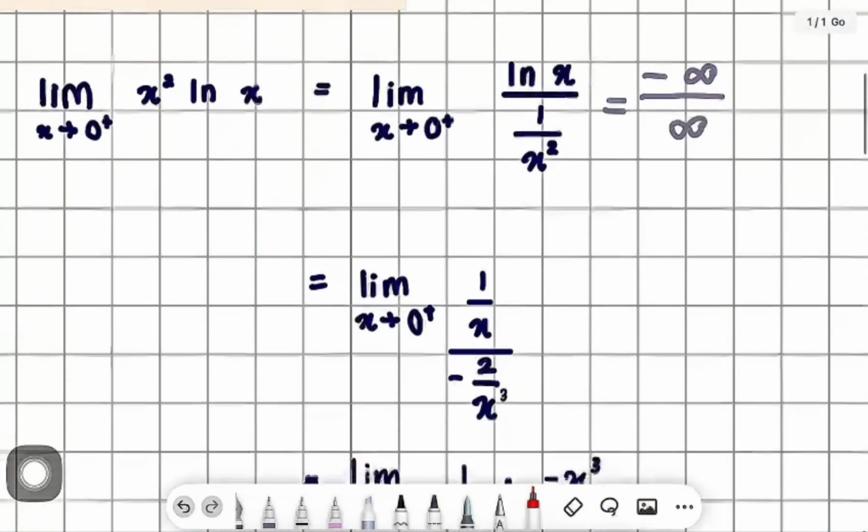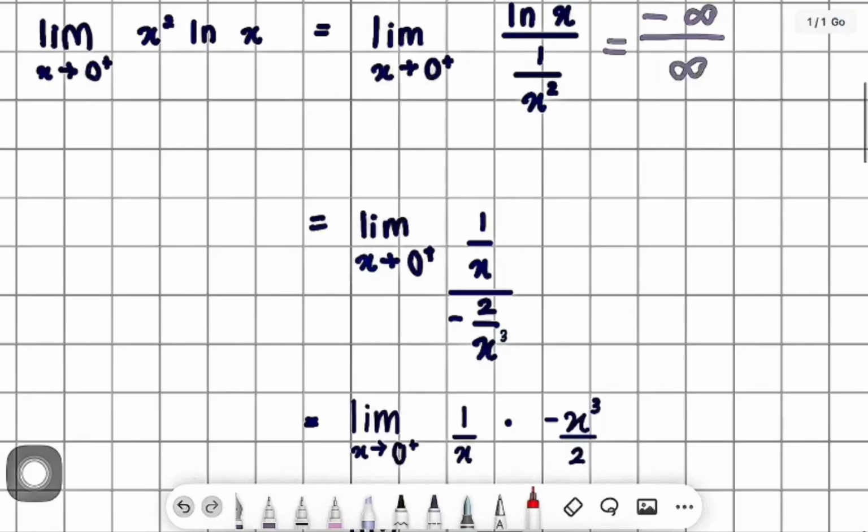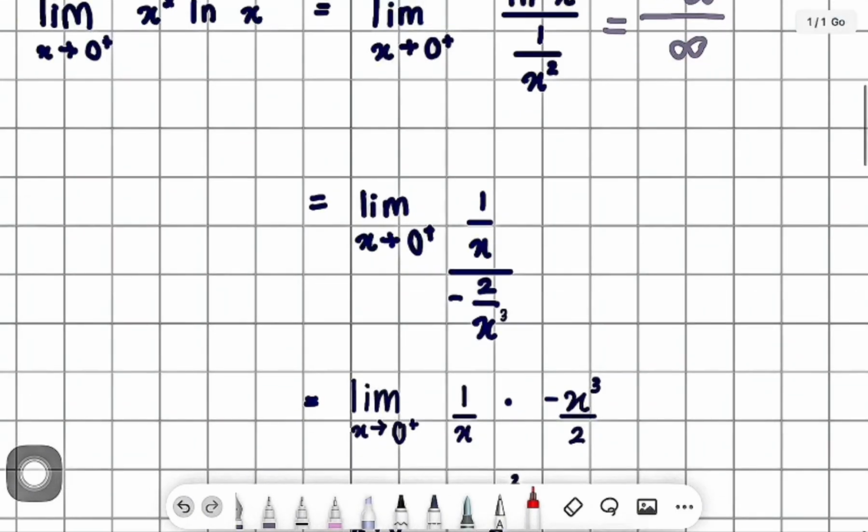So here we apply L'Hopital's rule. The limit of f'(x) divided by g'(x) gives 1 over x divided by negative 2 over x to the power of 3.